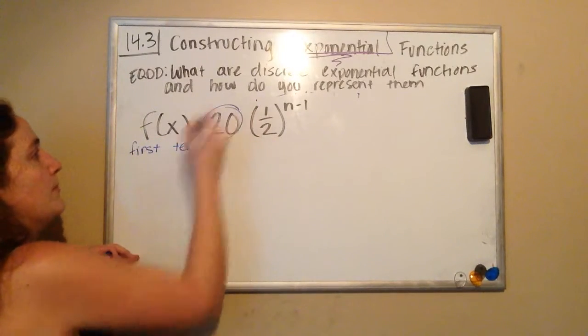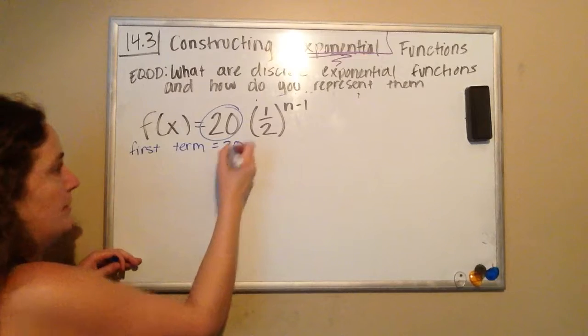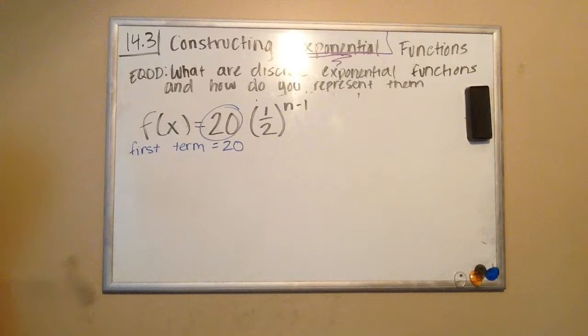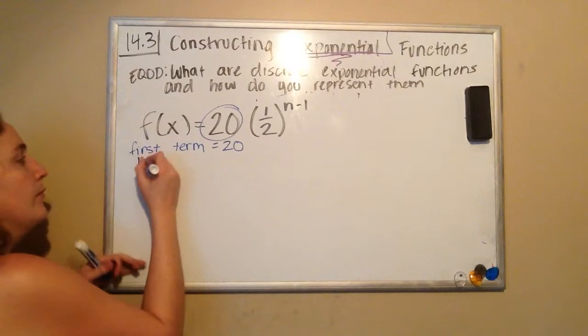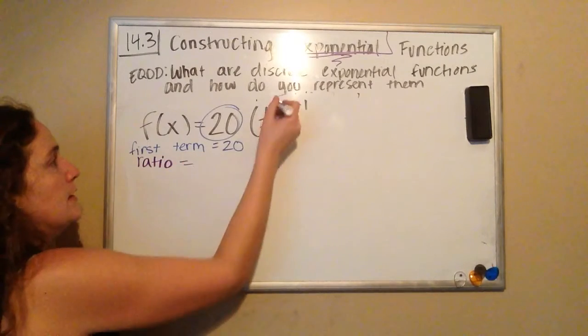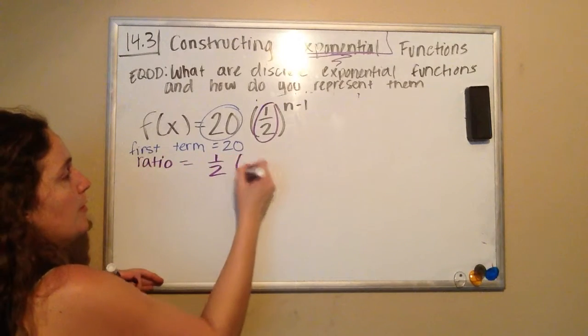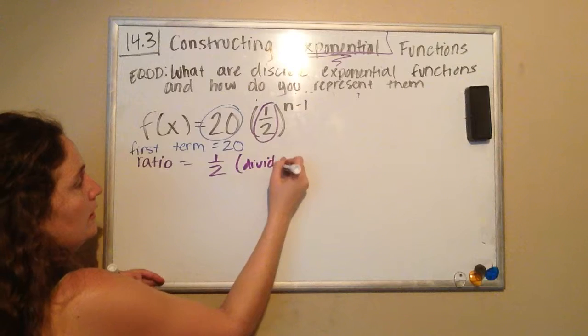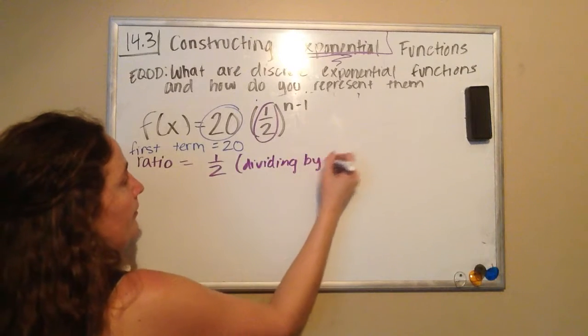So your first term is that number right there, 20. And your ratio is 1 over 2, which remember means you're dividing by 2 each time.